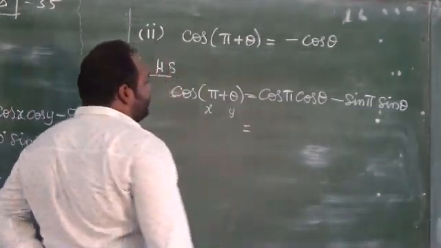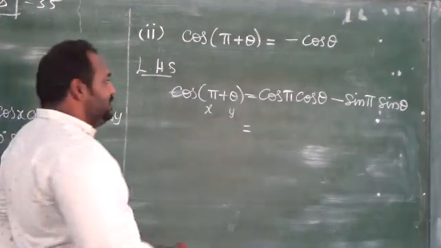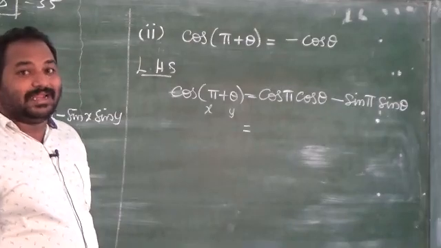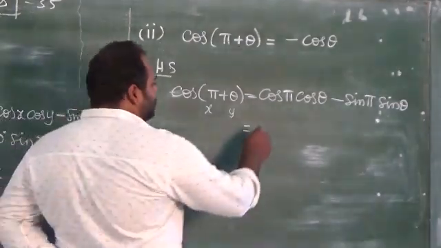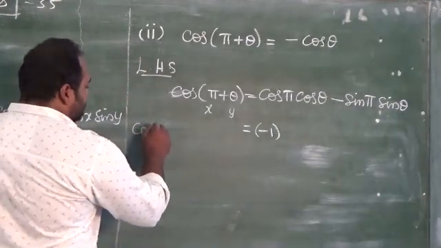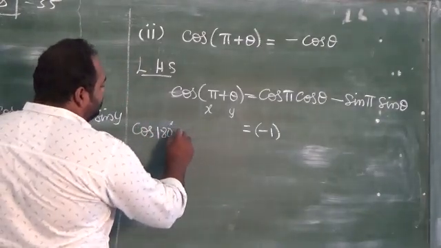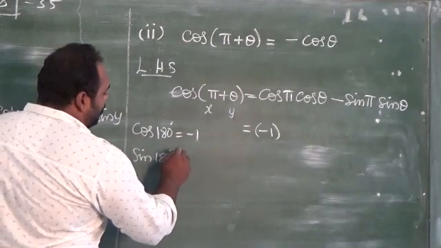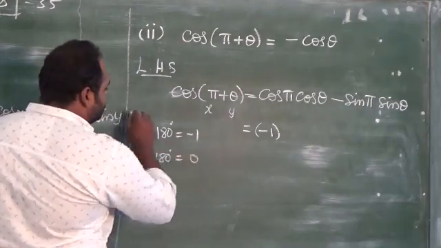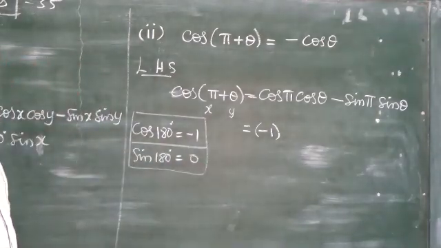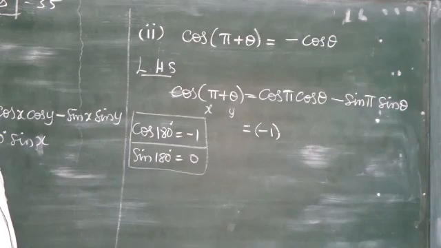We know values up to 90 degree directly from the table, but cos pi is cos 180 degree value. We just memorize this value. Cos 180 degree value is always minus 1. Sin 180 degree value is always 0. So these are two very important values. You just memorize these values. Whenever you see sin pi and cos pi, you must know the values.